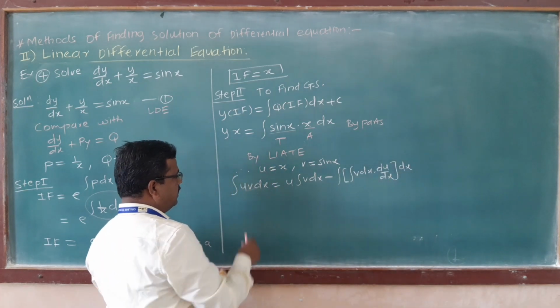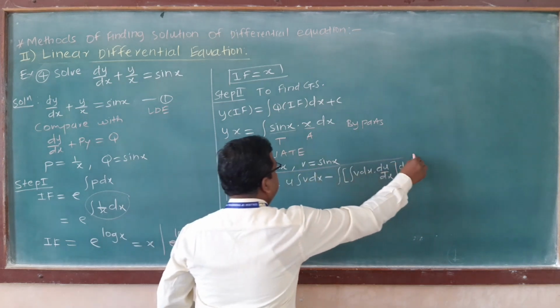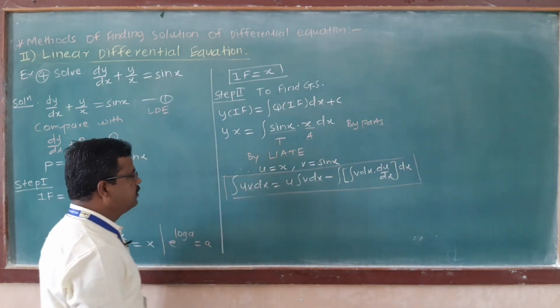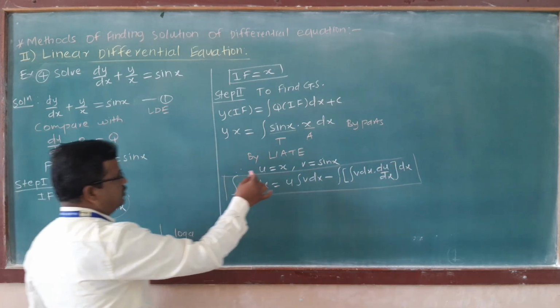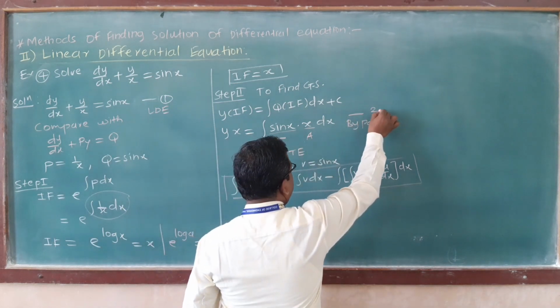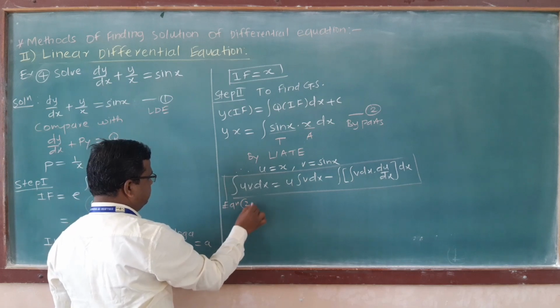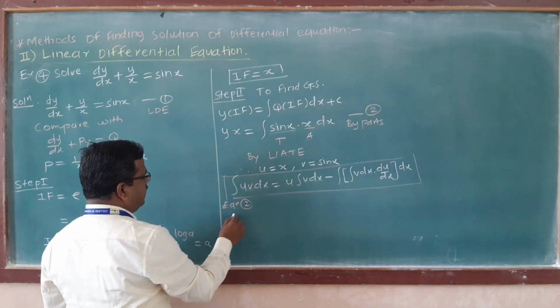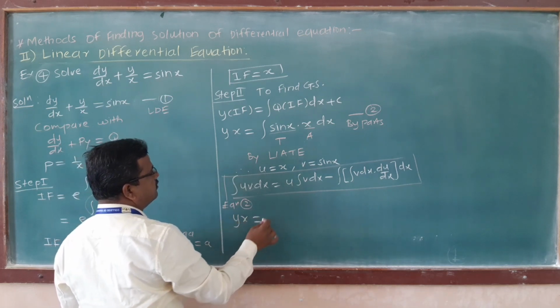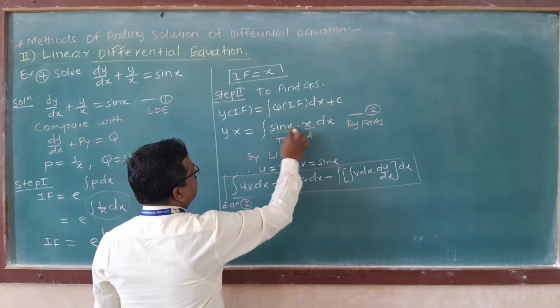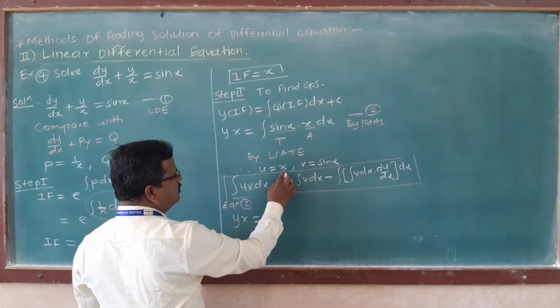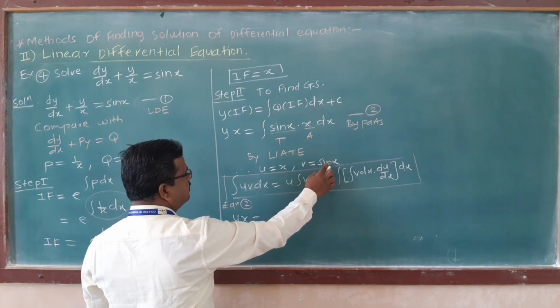So this is the formula to find the integration of u into v. Call this equation number 2. Therefore equation 2 becomes y into x is equal to, now for sin x into x using this, u is x and v is sin x.